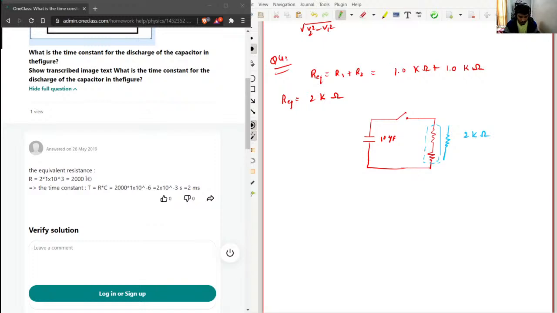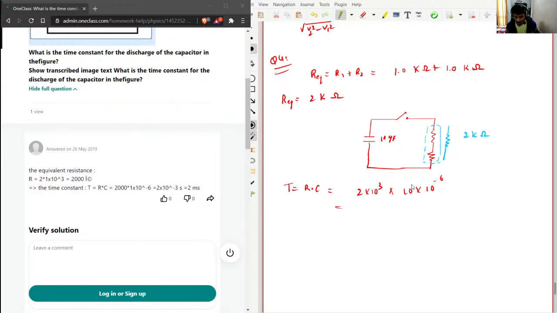So yeah, 2 kilo ohms, and now the time constant. What is the time constant? Time constant is nothing but resistance into capacitance, or R equivalent into capacitance. So it will be 2 into 10 power 3 into 10 into 10 power minus 6. This will be 2 into 10 power minus 2.